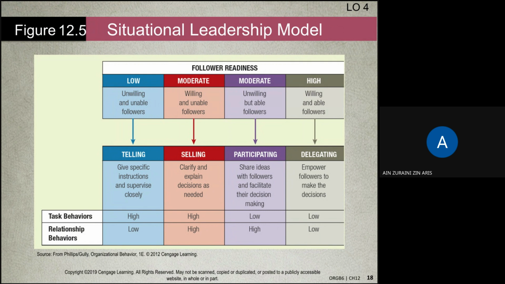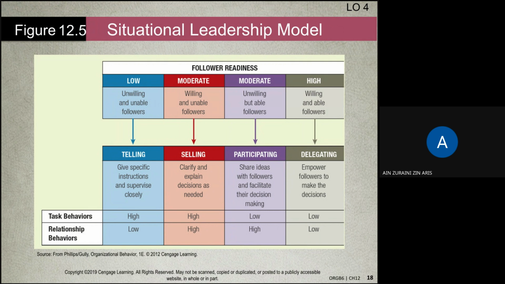Okay, so S1 refers to telling or directing. It is high directive but low supportive. The leader gives clear instructions and closely supervises the performance.